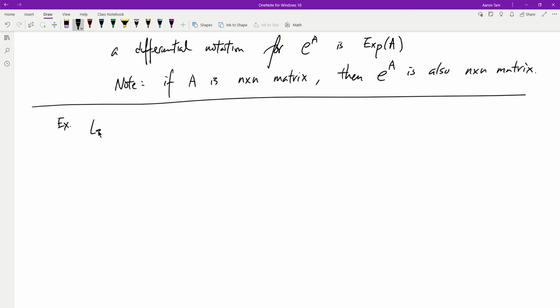Let's say we're going to let matrix A equal this diagonal matrix. Diagonal matrices are particularly nice and easy to work with. As a matter of fact, if you pursue more linear algebra, you will learn how to manipulate a matrix into a diagonal matrix, and then how to use it to solve problems.